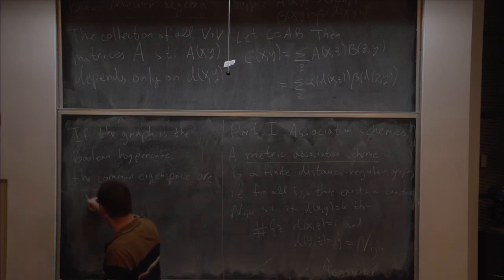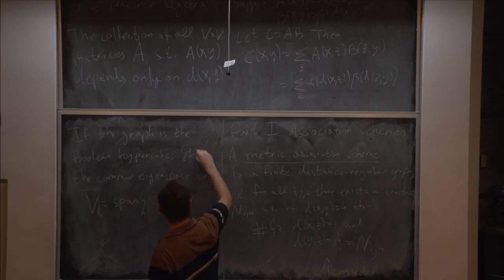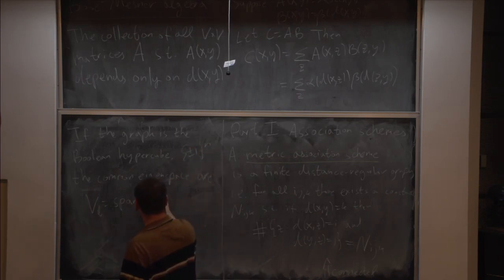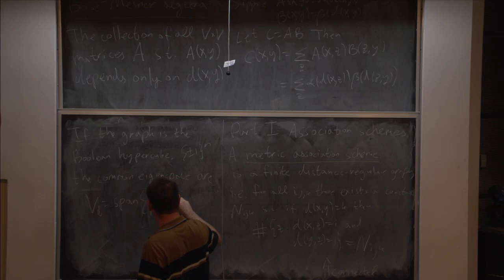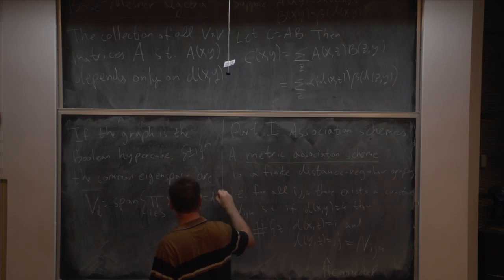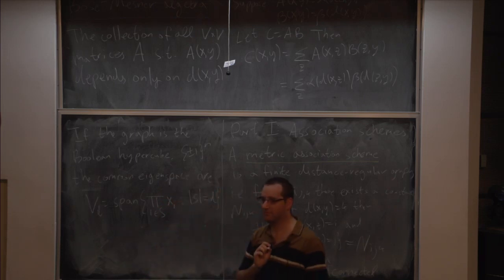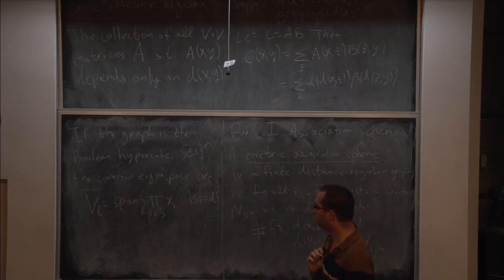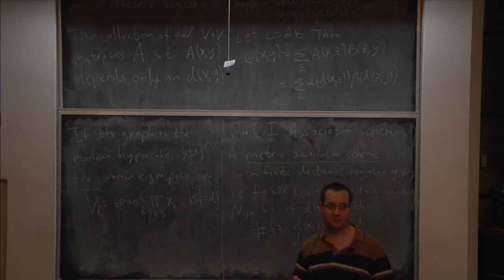So V_d is the span, over the functions on plus-minus 1 to the n, of these functions, what I called chi_S yesterday, for all S of size exactly d. You can do this calculation. It's not so difficult, so we'll skip it, but it's pretty easy to check that this is actually the case.